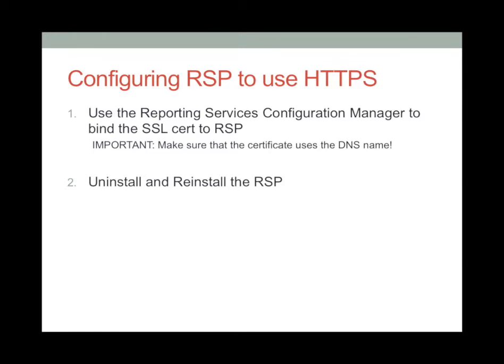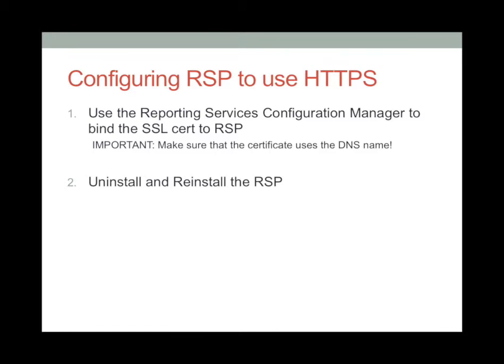How to configure the reporting services point to use HTTPS? For this one, there's a change in procedure. Instead of using the IIS console, we need to use the Reporting Services Configuration Manager to bind the SSL cert to the reporting services, not to the RSP.